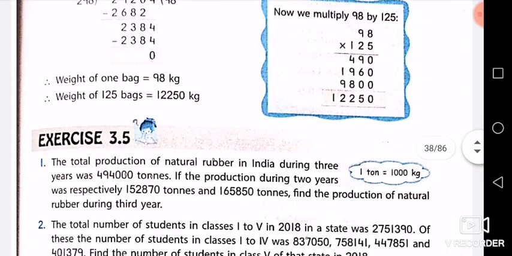So children, see in the exercise also we have that kind of question only in which we were using either addition or subtraction or multiplication and division. Fine. So we are going to use these fundamental operations and solve the exercise.